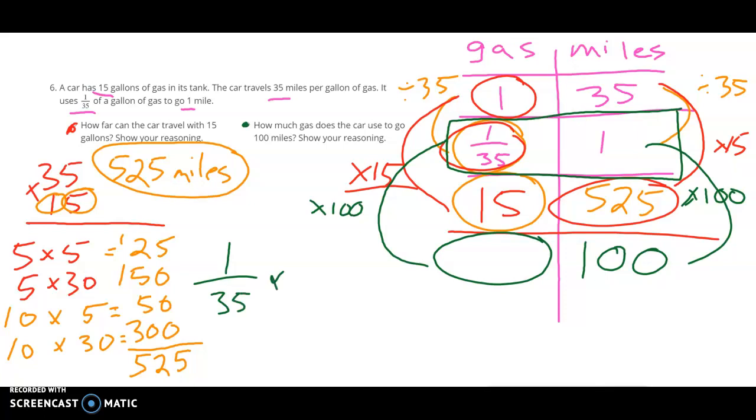1/35 times 100 equals 100/35. Now, how can we write this as a mixed number? I know that there's 35 35ths in 1.